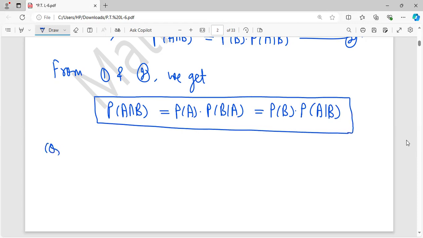So corollary, or you can say remark, or you can say note.